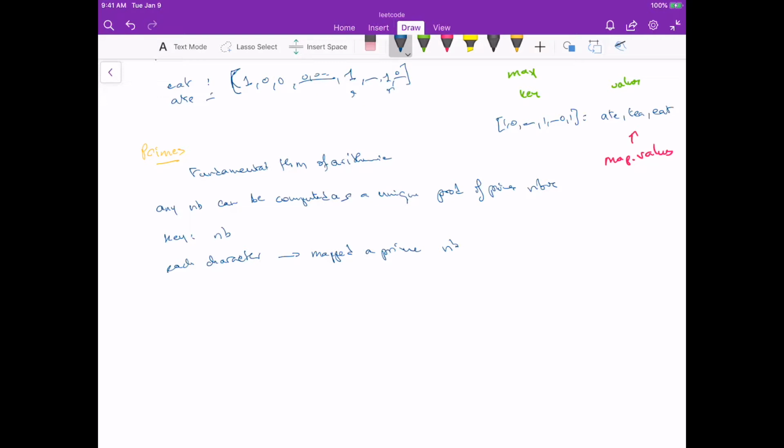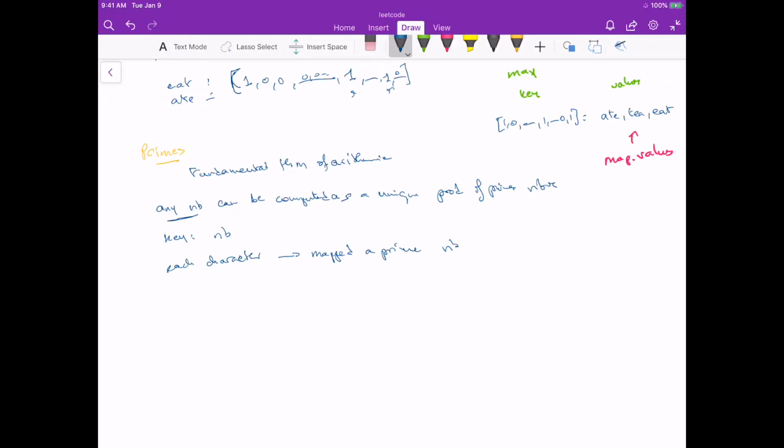And so since we will get a unique number, all strings that have the same number of characters and the same number of occurrences of these characters will have the same unique number, represented as a unique product of prime numbers.